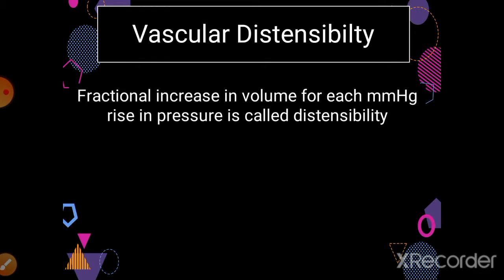You had a blood vessel which initially had 10 milliliters of blood in it. No more blood can be put inside it. But if you stretch this blood vessel with the force of 1 millimeter mercury, you might be able to put 1 more milliliter of blood into it. This is known as distensibility of a vessel.